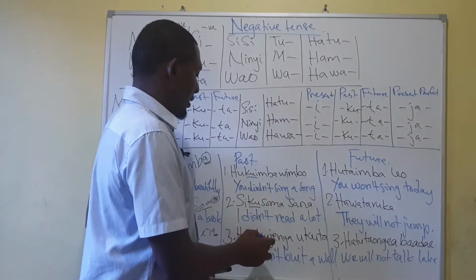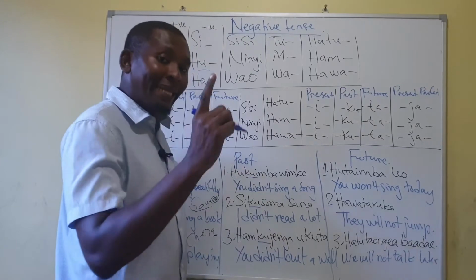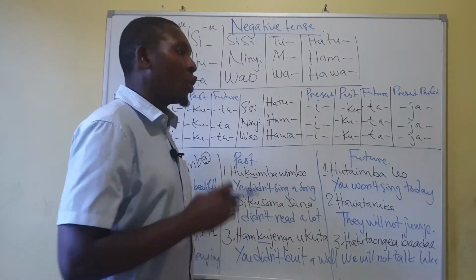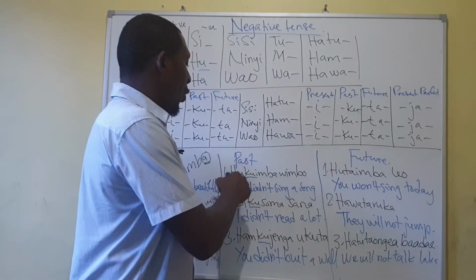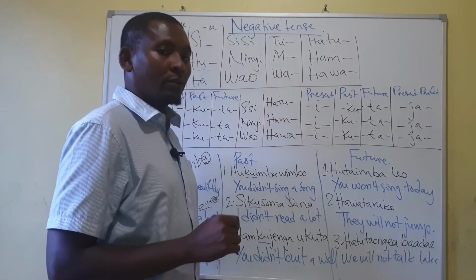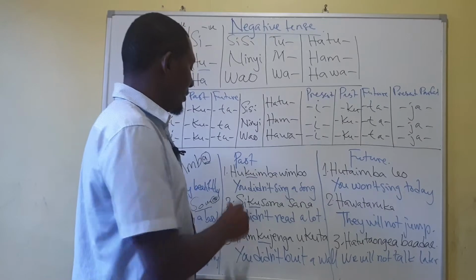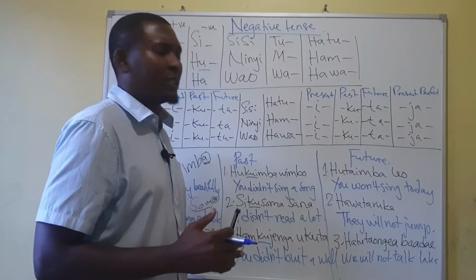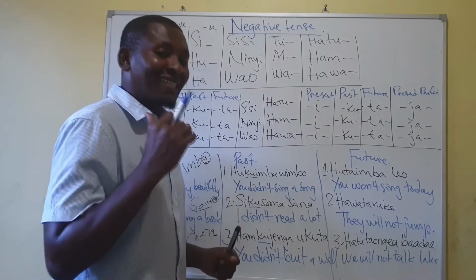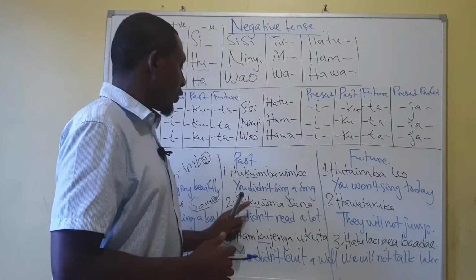Li was for positive, ku is for negative. So hukuimba vizuri, you did not sing very well. Ku is for past negative.